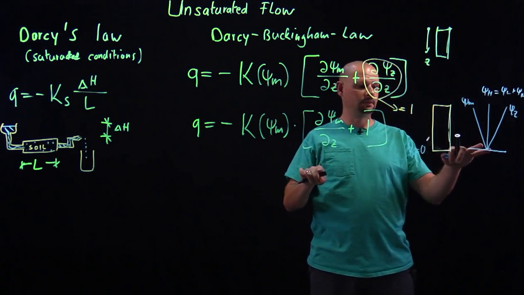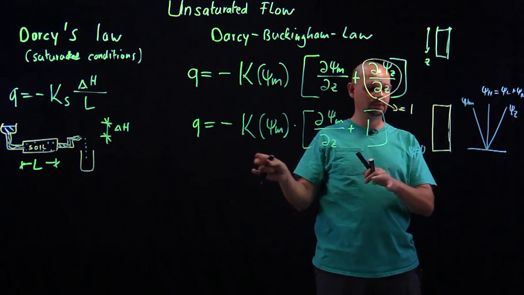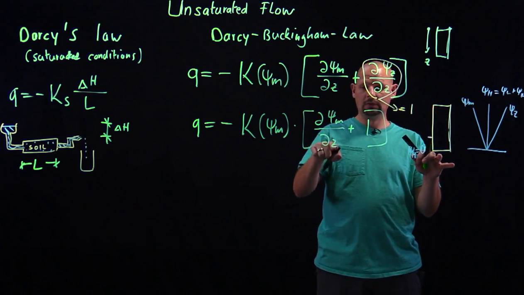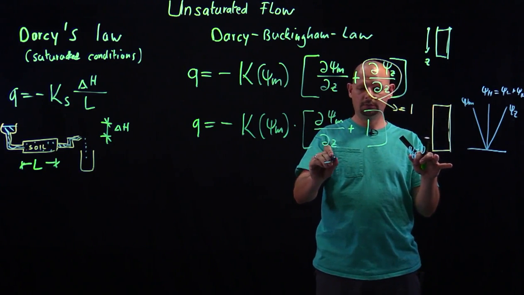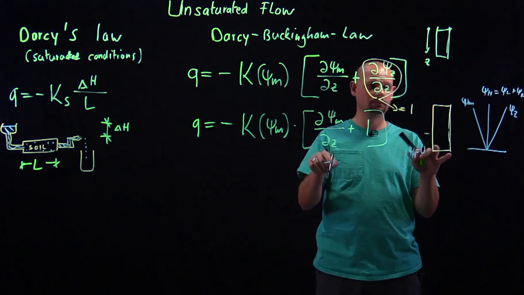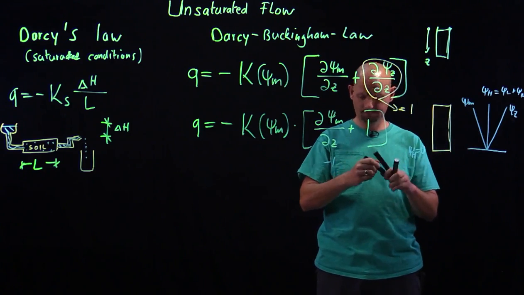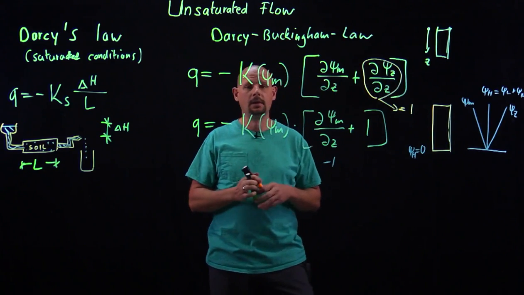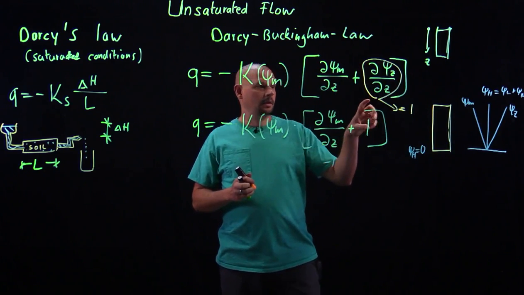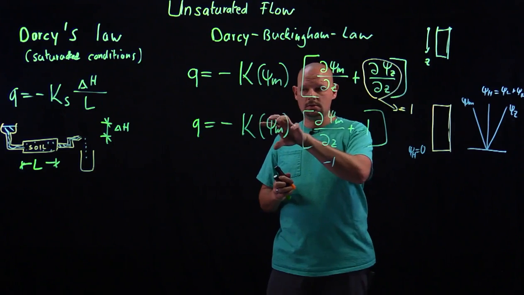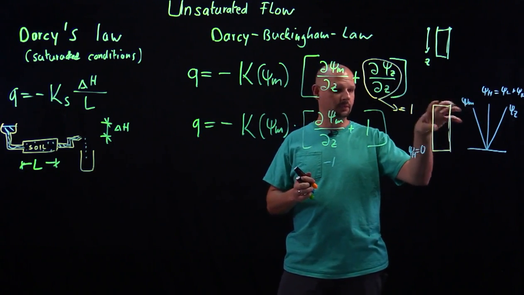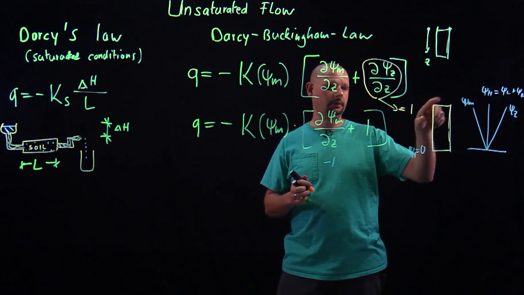So that means in this case, if we take a soil sample and we just leave it there, this term becomes -1, and then -1 plus 1 would equal 0, so we don't have any flow. That means in order to create flow in that column, something would have to change, like on the top.